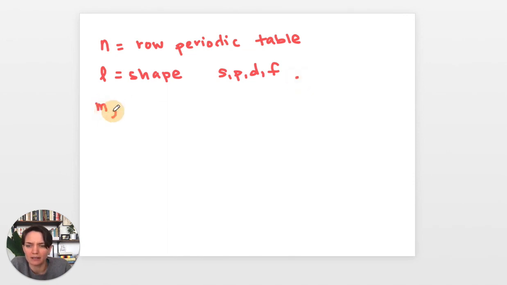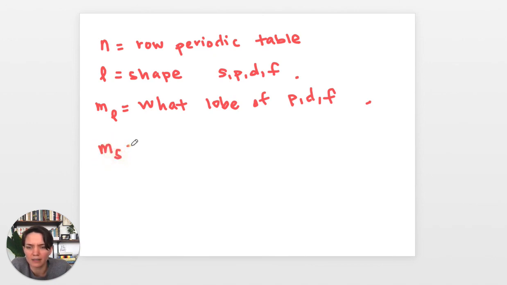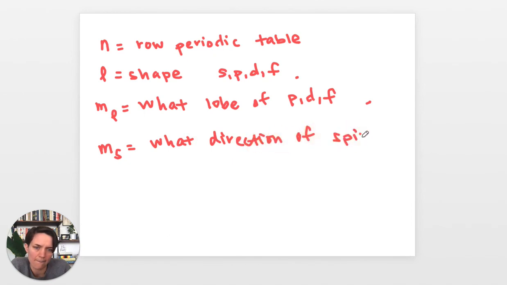M sub L is really what lobe. That question of which lobe you're in isn't relevant to S because you only have that one lobe, though it's a sphere. And then m sub s is what direction of spin.